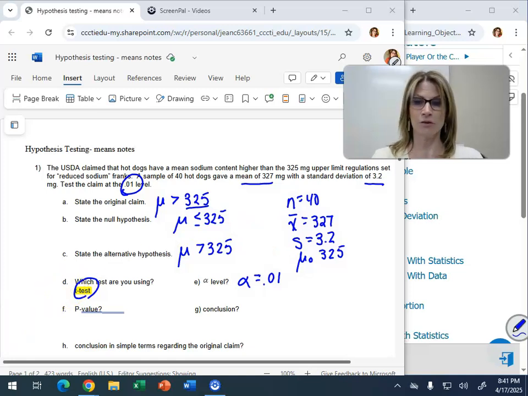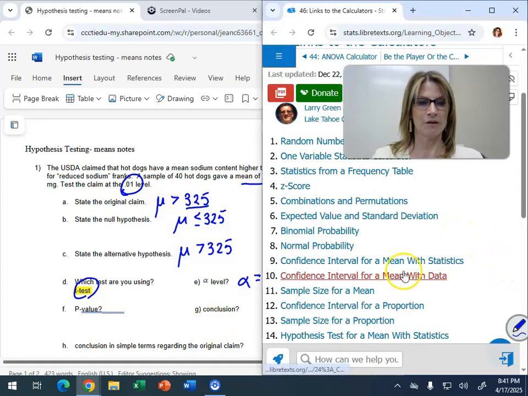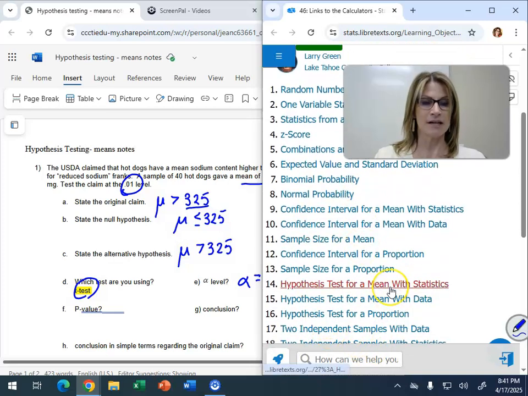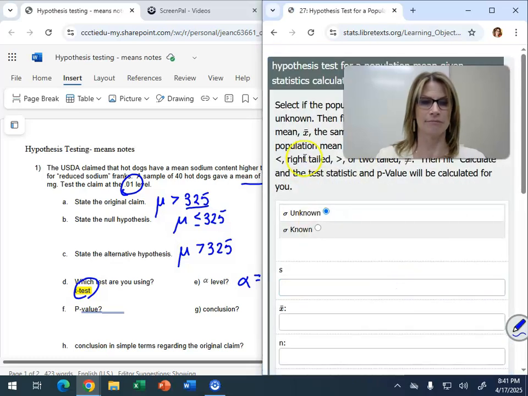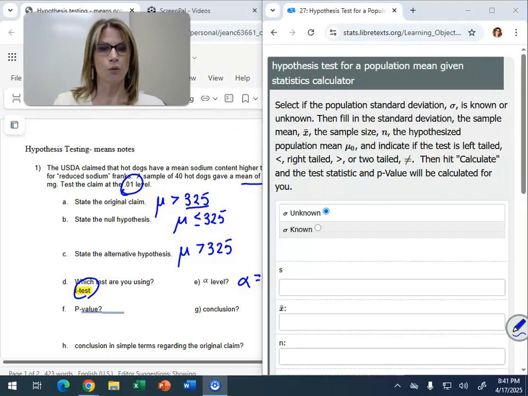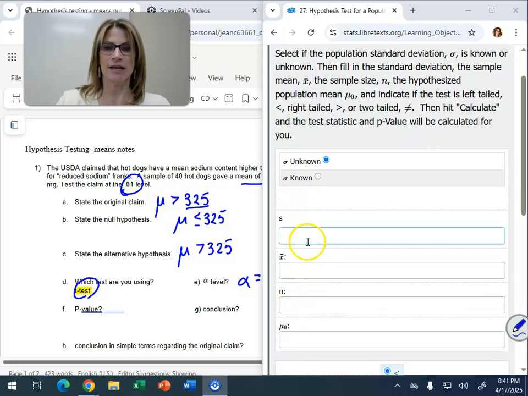So maybe pause for a moment, and then we're going to pull up the calculator that is hypothesis test for a mean with statistics. Sigma unknown, because we do not know the population standard deviation.